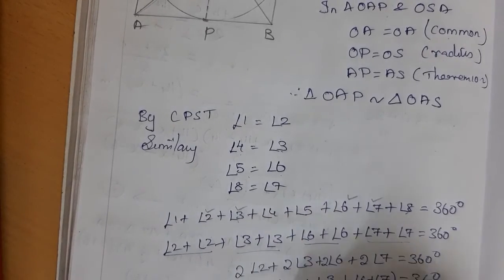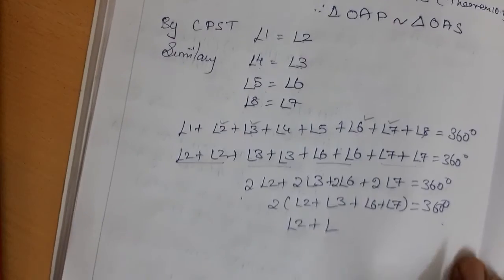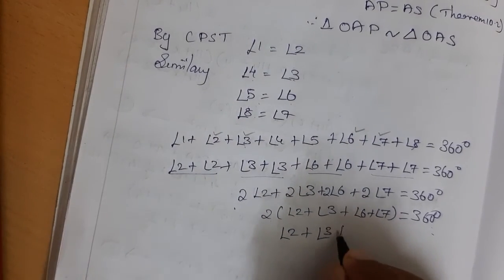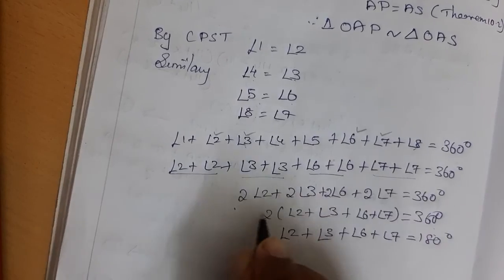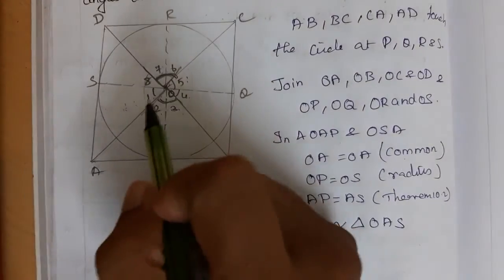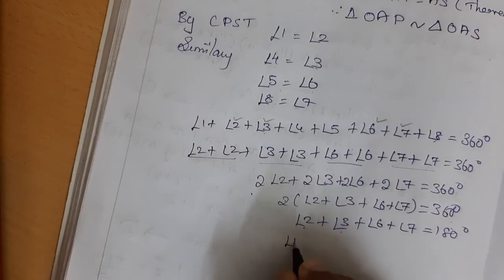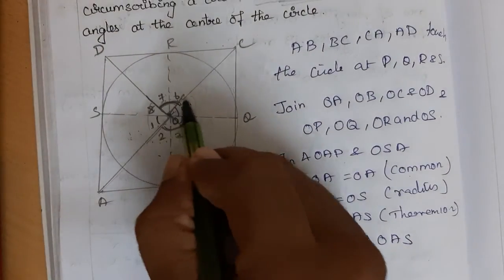So if we take 2 here, it will become division. So angle 2 plus angle 3 plus angle 6 plus angle 7 is equal to 180 degrees, right? Since the 2 is divided. So angle 2 plus 3 is angle AOB, plus what is 7? 6 plus 7, this full angle is COD.